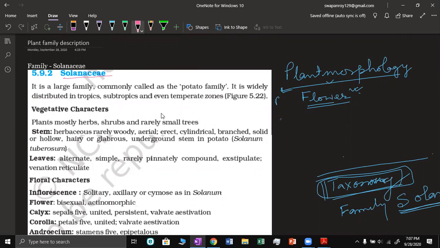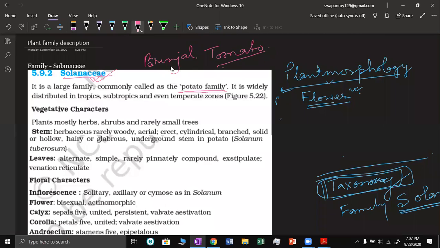In the description, this family is also known as the potato family, because potato belongs to this family Solanaceae. And besides potato, other plants are like brinjal, then tomato.